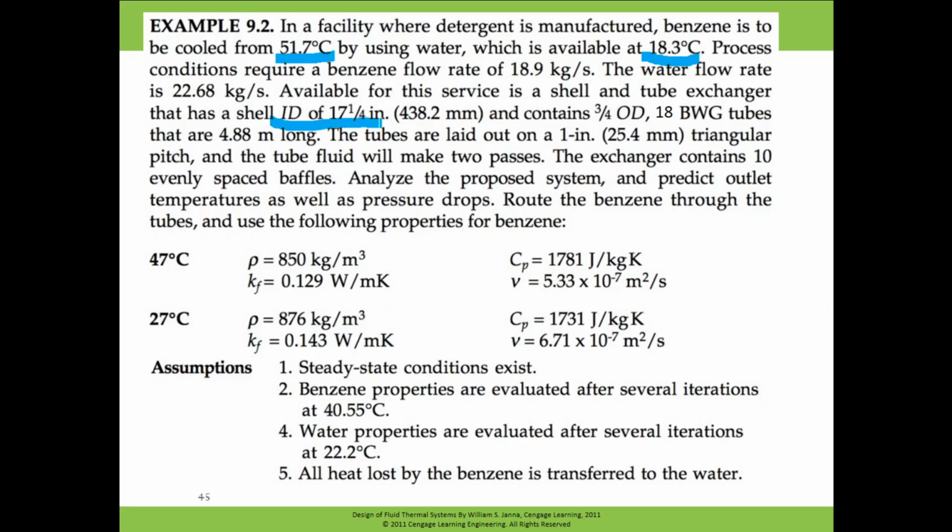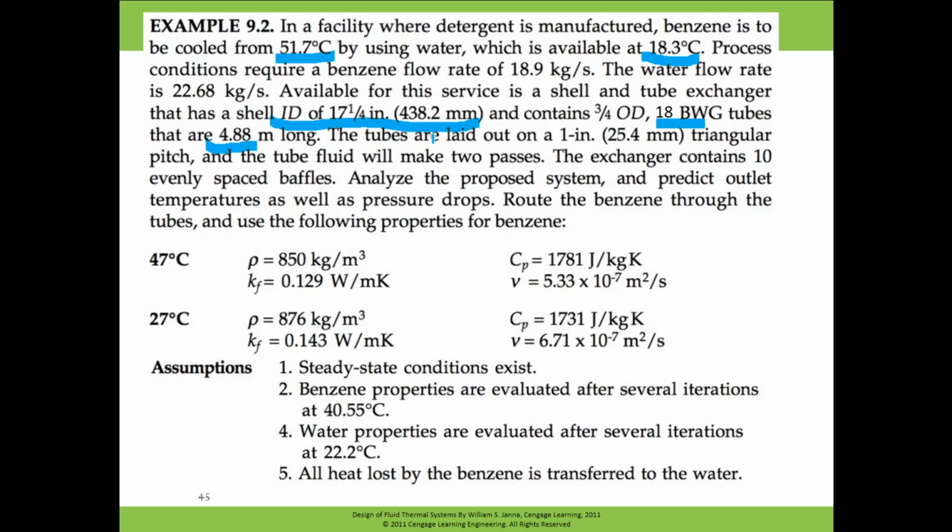So the inner diameter of the shell is given, which is 438.2 millimeter, and it contains 3/4 inch outer diameter, 18 BWG tubes that are 4.88 meter long. So this is the length of the tubes.